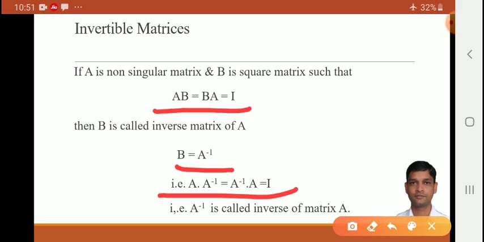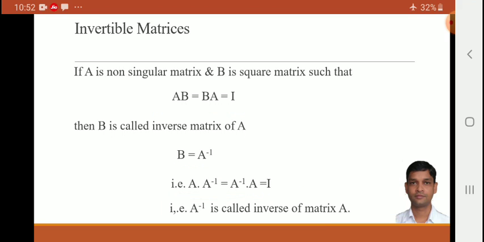So just remember that to find the inverse of A, you have to find another matrix A raised to minus 1 such that the product of A and A inverse is identity. Okay. Next one.